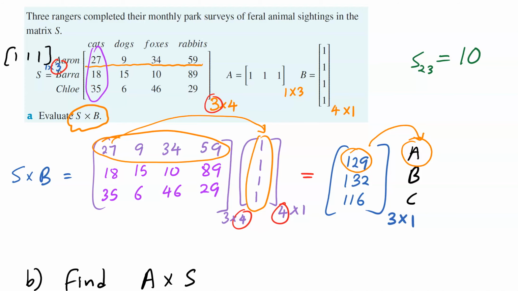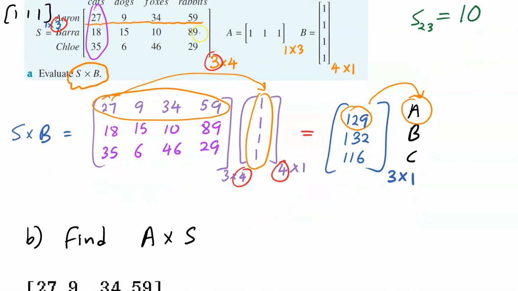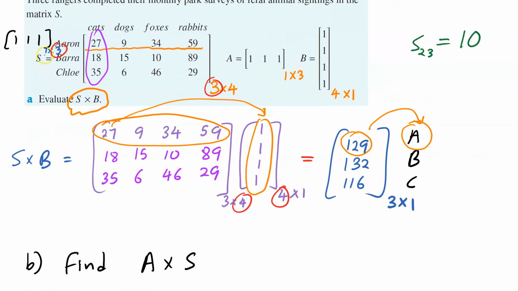In that case, we should get a 1 by 4 matrix for each of these animals. Obviously we have 4 animals, therefore we should get 4 values across left to right, which means it's a row matrix. So A times S gives us a row matrix. That will give us the total number of animals in each type: cats, dogs, foxes and rabbits.